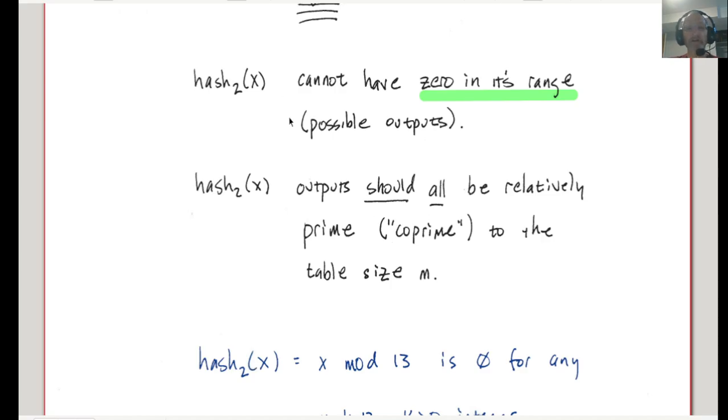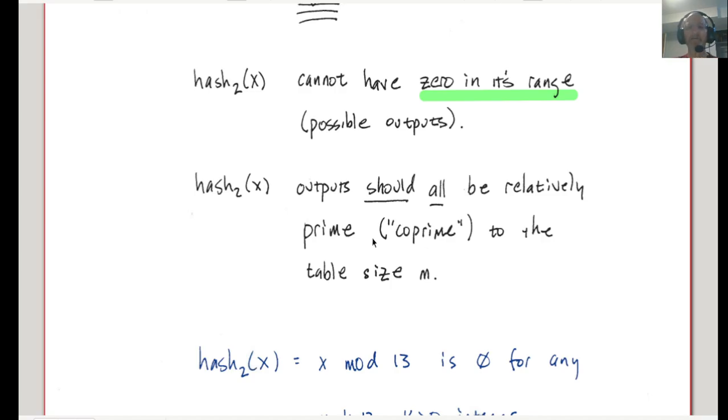So notice that the first criterion is that any of the output values cannot be 0. By that I mean, for all the possible x's that can go into the function, the hash2 function can never generate a 0.